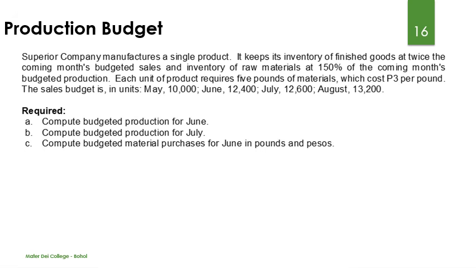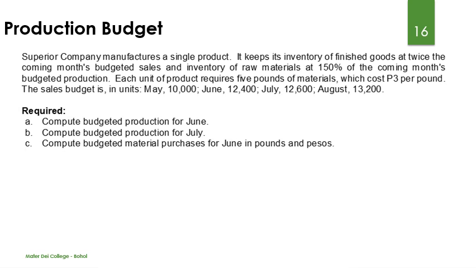Now let's go to the production budget. So we have Superior Company with a single product. The requirements are the budgeted production for June, budgeted production for July, and the material purchases for June in pounds and pesos. So let's go to the details since we already know the requirements.